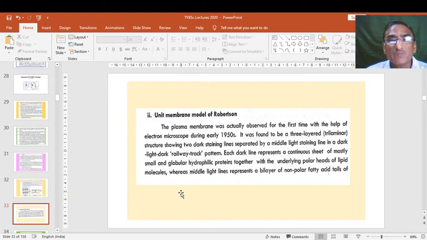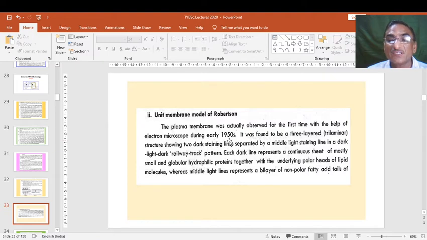So for the unit membrane model, we have only two topics to study here. First we have seen the Danielli-Davson model, and second is the unit membrane model of Robertson. In this model, the plasma membrane was observed for the first time with the help of the electron microscope during the early 1950s.